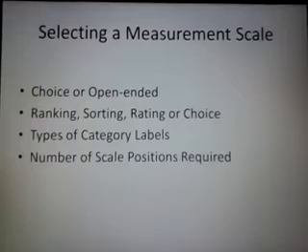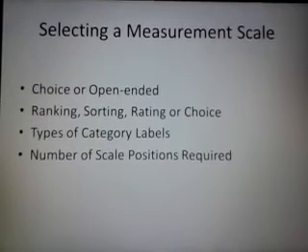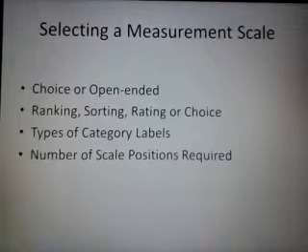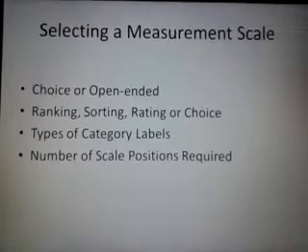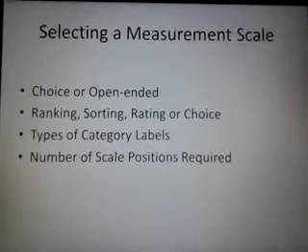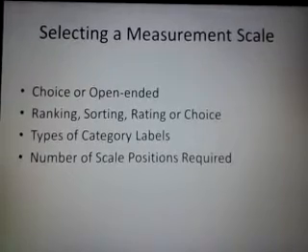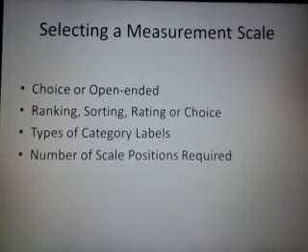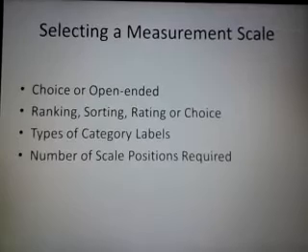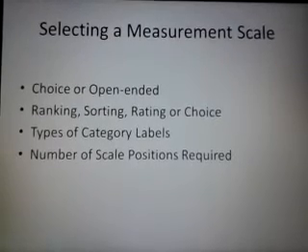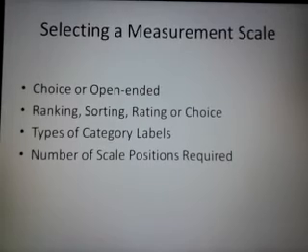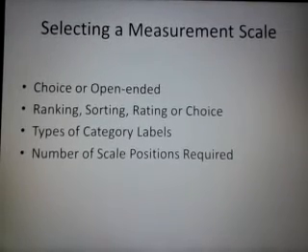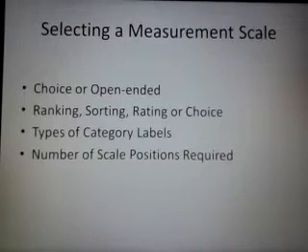are we trying to go for ranking, sorting, rating, or something else? Depending on which scale we use, ranking, sorting, rating, the mathematical and statistical operations are different. So if we want more mathematical and statistical measurements and analysis tools, then we'll have to choose those scales on which those tools can be used.